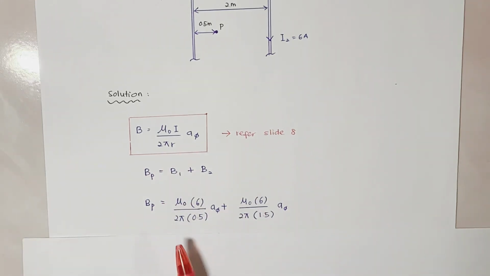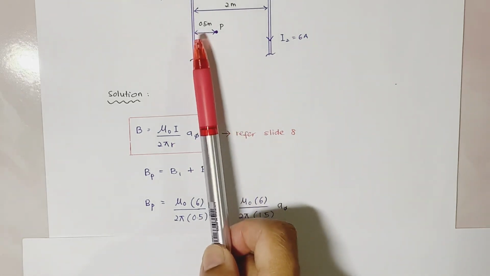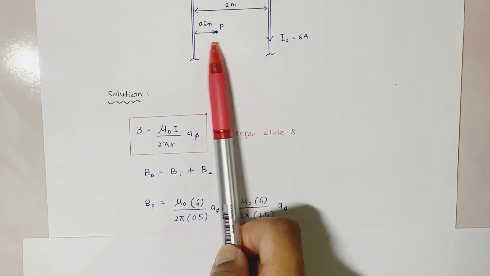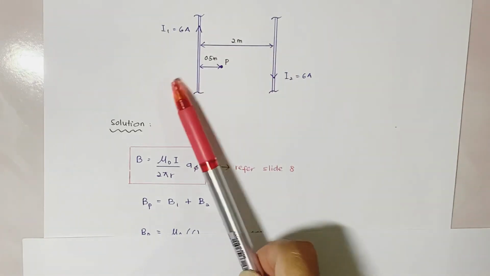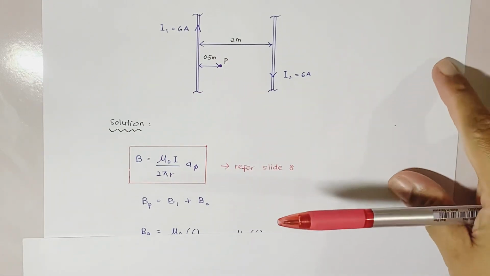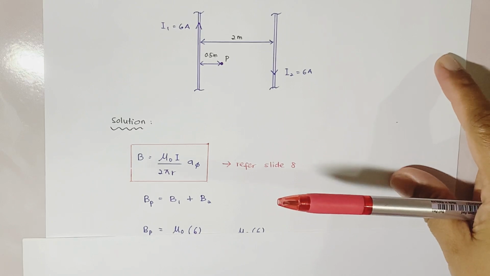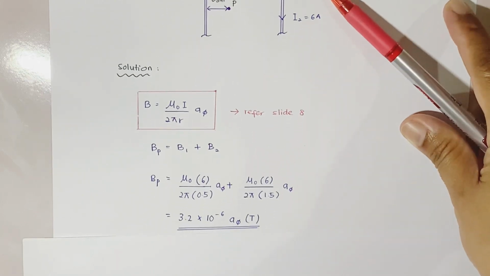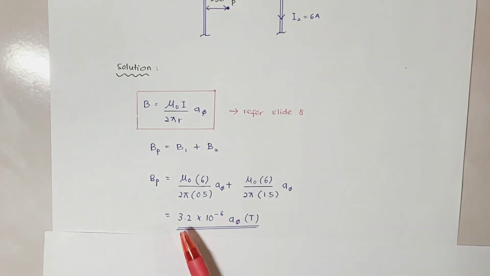The value of mu naught is 4 pi times 10 to the power of negative 7, times 6, where 6 is the value of the current, divided by 2 pi times 0.5. 0.5 is the distance from conductor 1 to P. The distance between these 2 points is 0.5 meters, so you just substitute the value of 0.5.